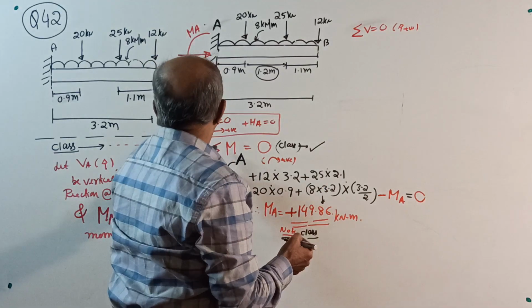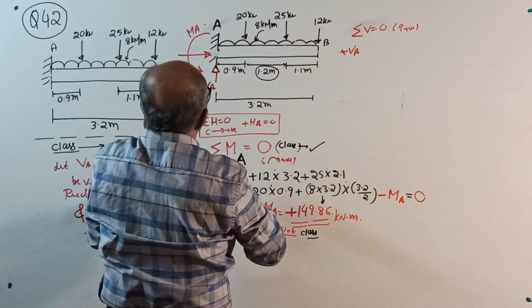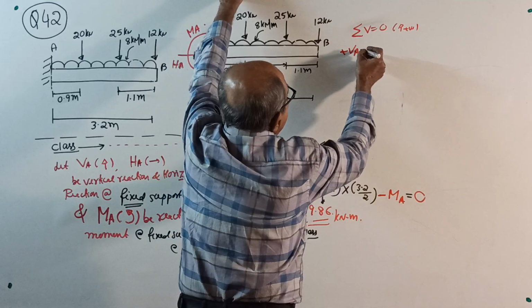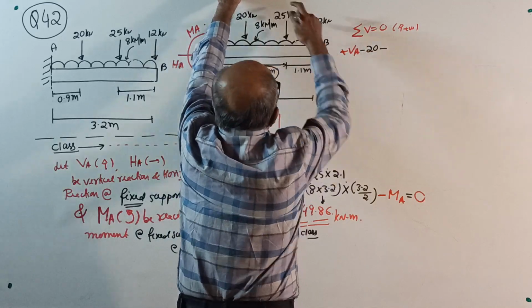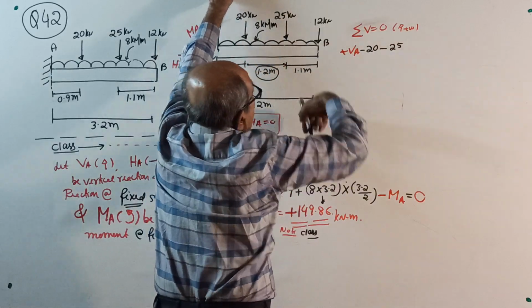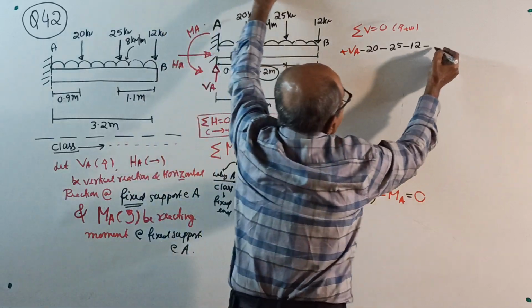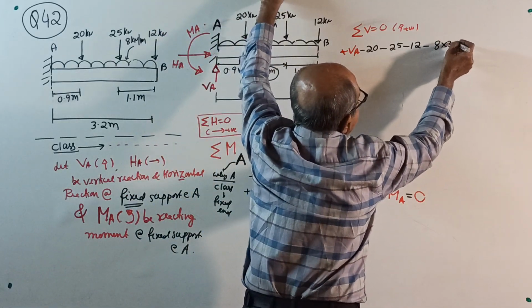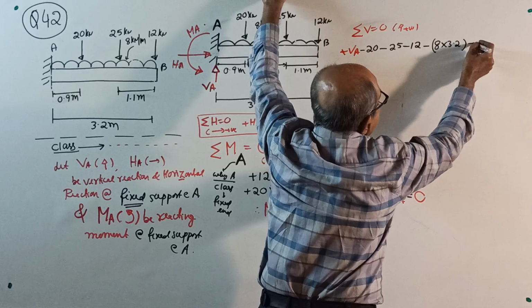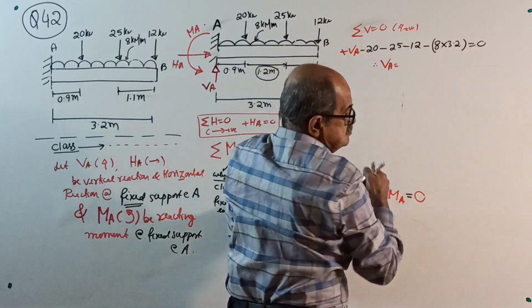Start here: plus VA, minus 20, minus 25, because this is not a moment, it is a load, minus 12, minus 8 into 3.2 equal to 0.